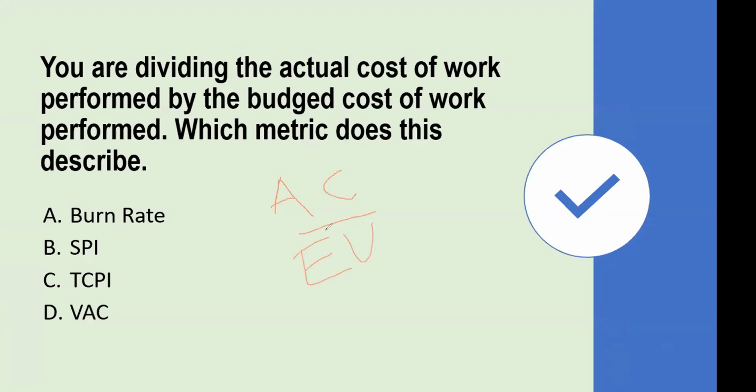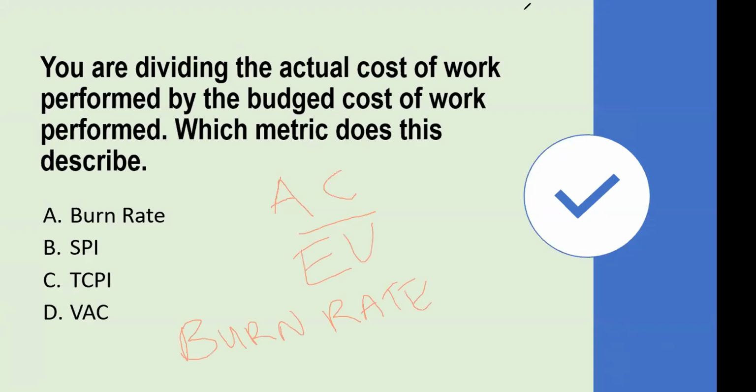For those of you who were not aware, there is a term, burn rate. If you haven't heard of the burn rate, I would like to introduce you to it. The burn rate is the inverse of CPI. In some instances, you'll see some people referring to the burn rate as 1 divided by CPI.